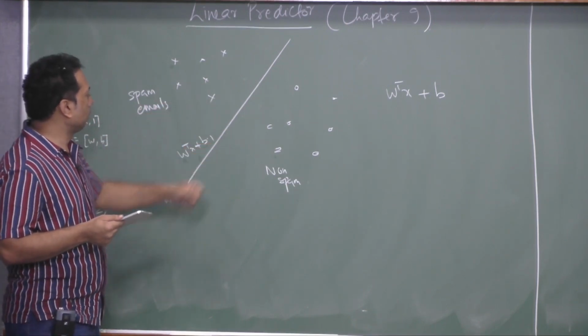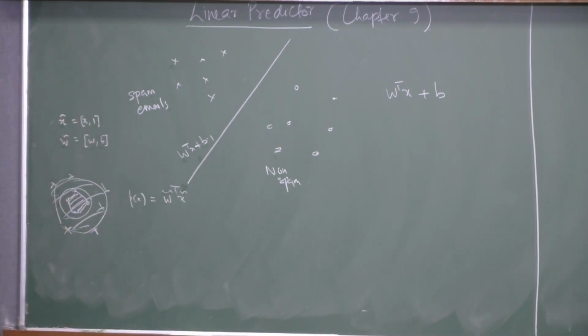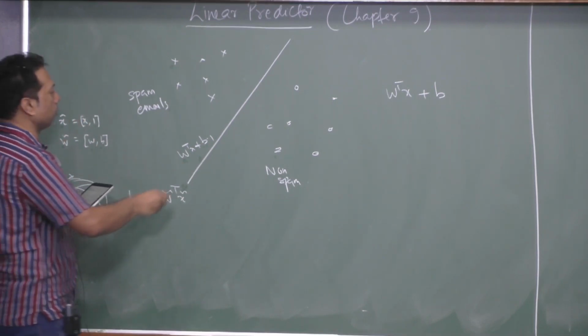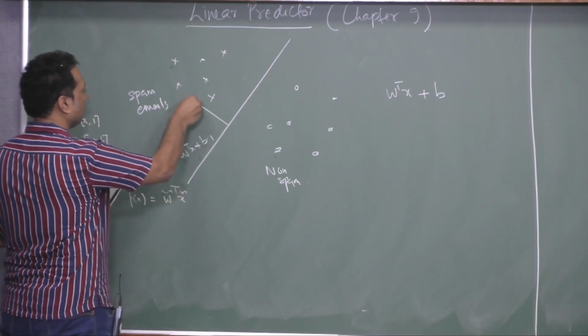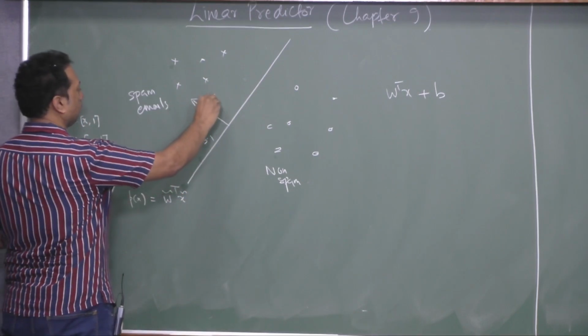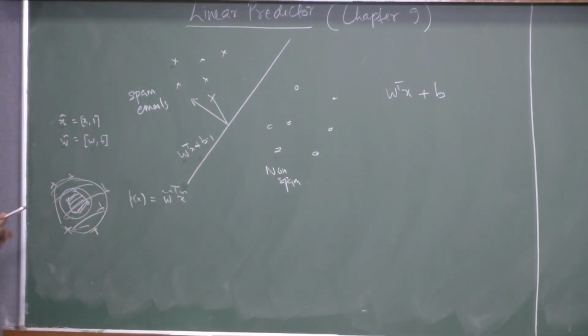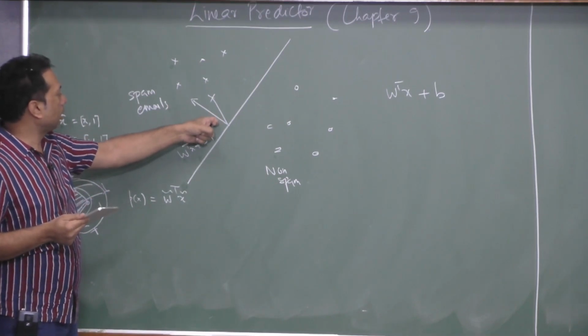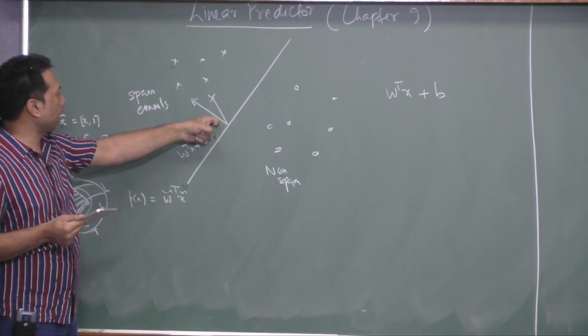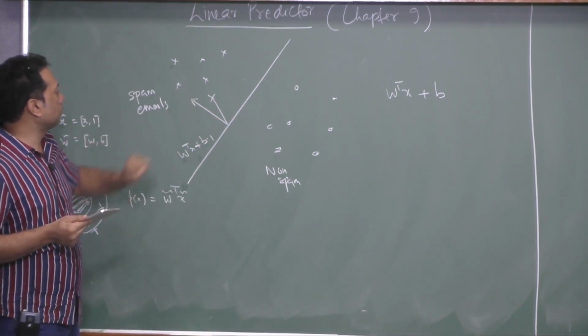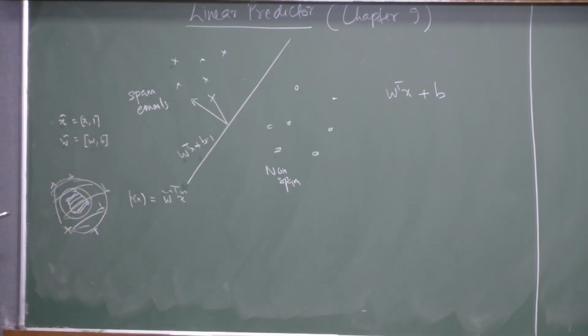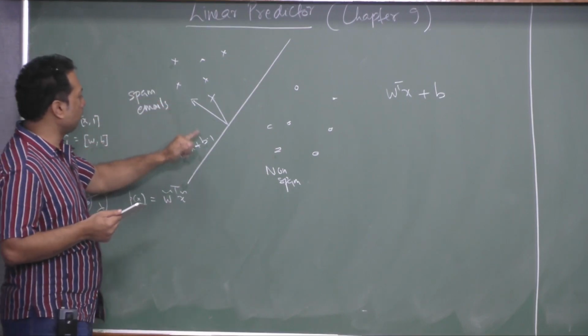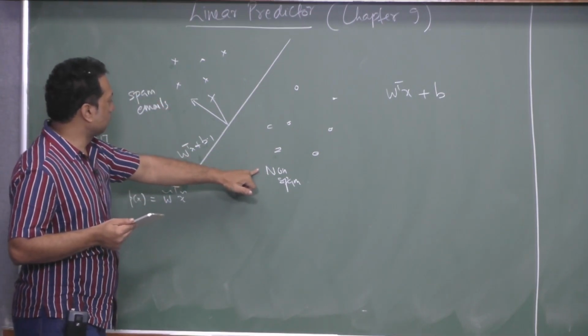If the data points of one class make an acute angle, then based on the angle, the cos theta of that remains positive, then we will say that it's on this side of the plane.